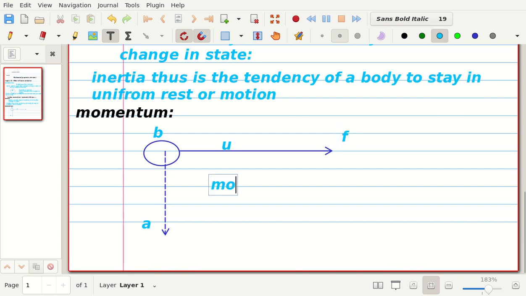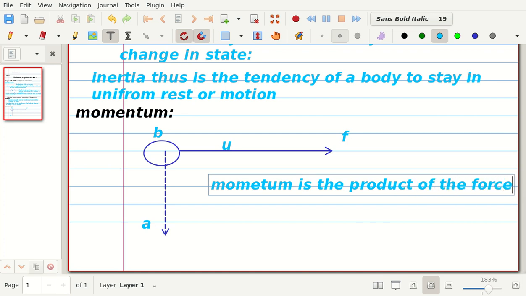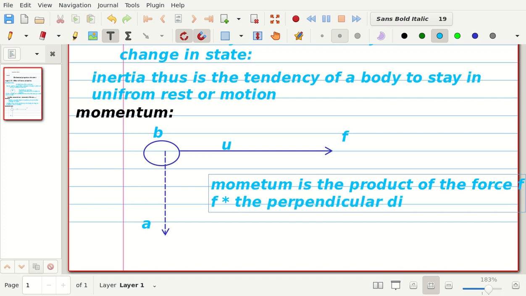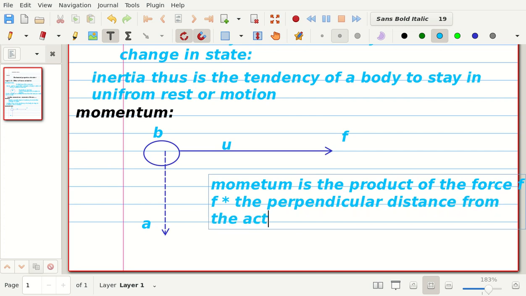So I could say moment here. Moment is the product of the force F times the perpendicular distance from the point of action of the force.